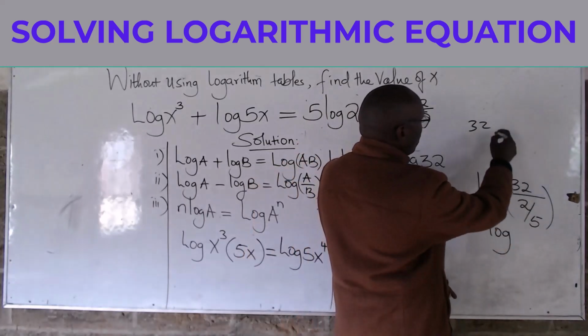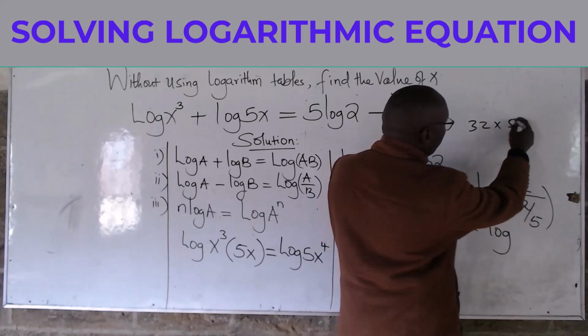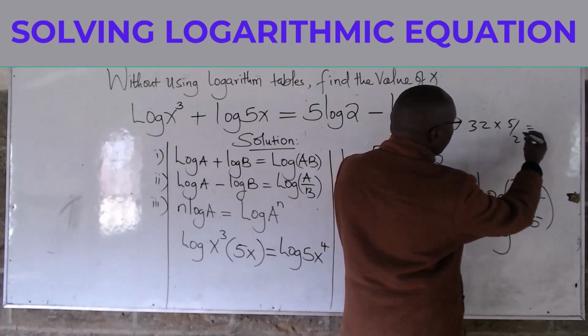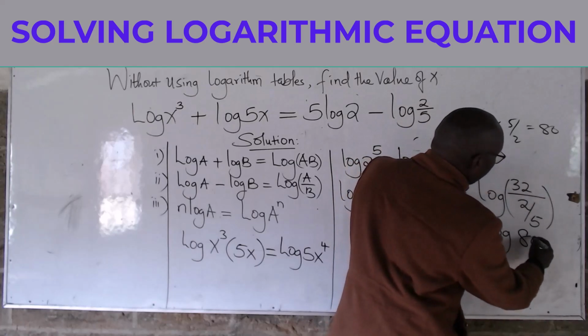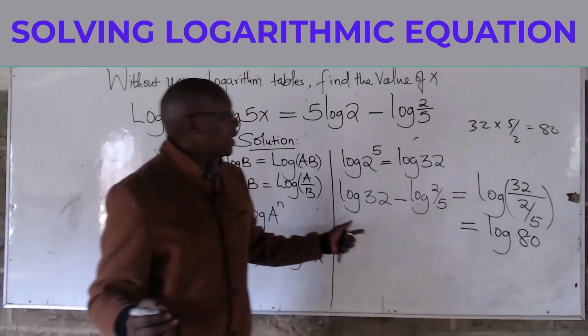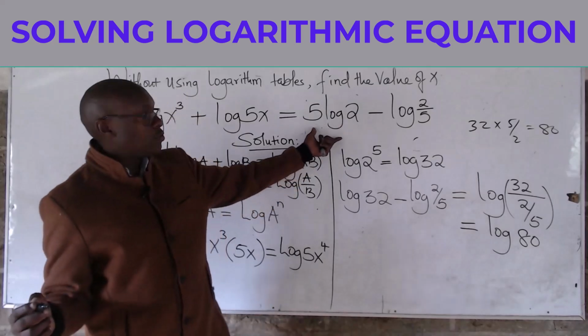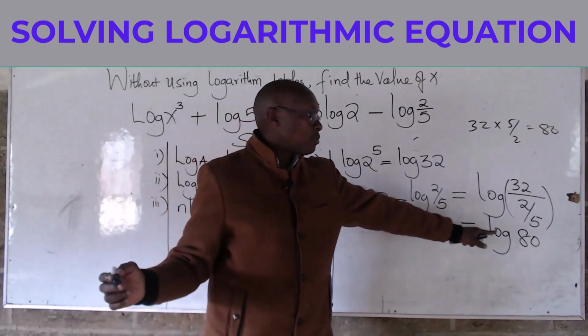This will be 32 multiplied by 5 over 2, which simplifies to 16 times 5. This will be 80. So we have simplified the whole of the right-hand side of the equation to be logarithm of 80.